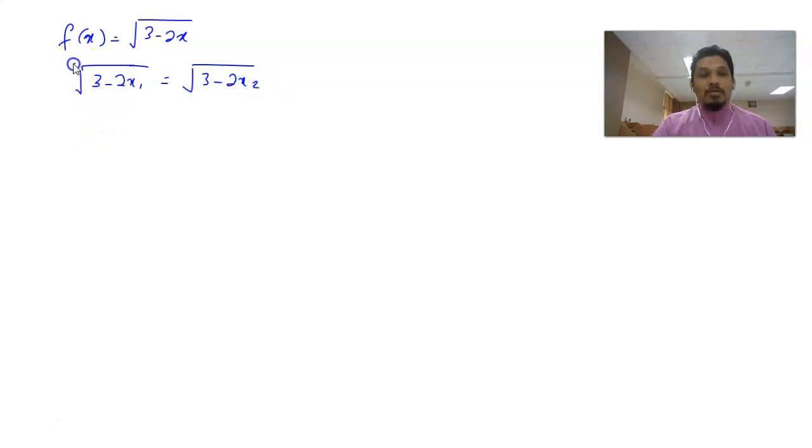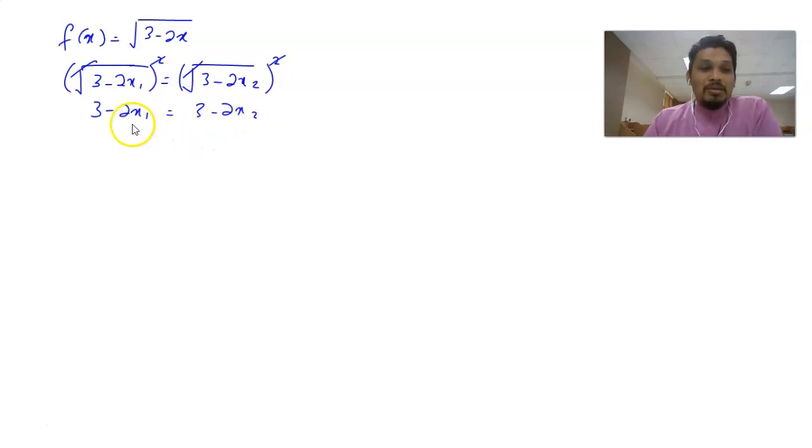The function given there is f(x) equals the square root of 3 minus 2x. To show that it is a one-to-one function, the square root of 3 minus 2x1 equals the square root of 3 minus 2x2. Square left and right, so we come up with 3 minus 2x1 equals 3 minus 2x2.